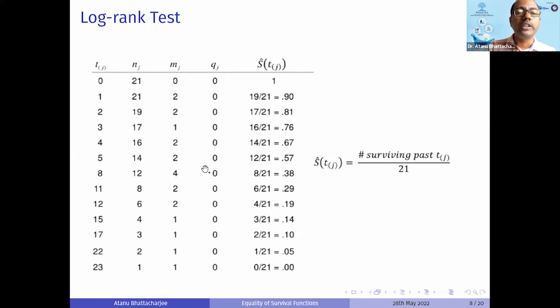We are not talking about any treatment-wise comparison here. We are talking about overall comparison, so overall patients, irrespective of the treatments given, and how the log rank is prepared is what I'm going to present here. Let's say these are the observations. NJ is basically the number of patients who are treated.